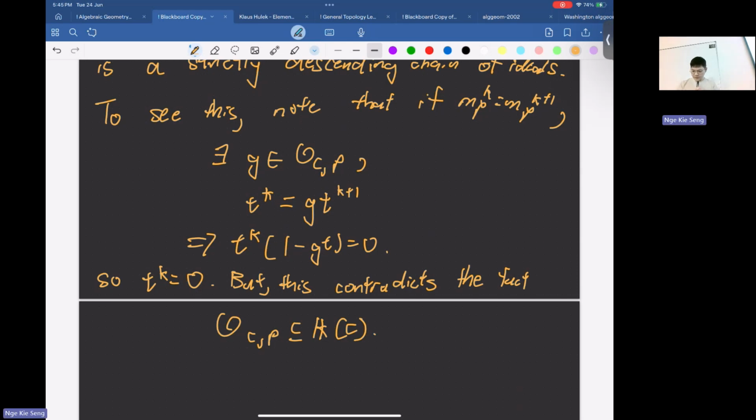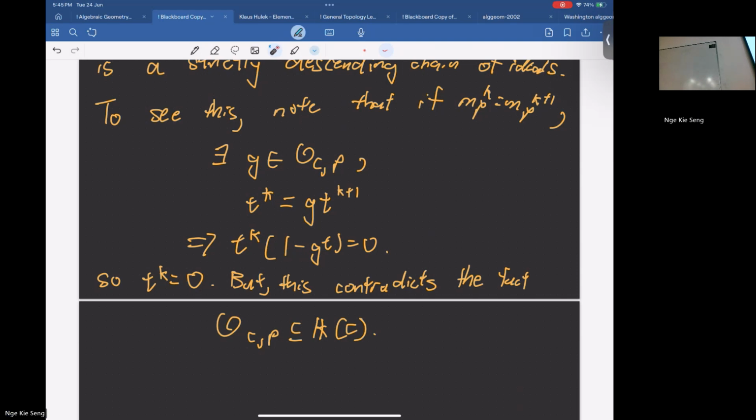Okay. So if 1 minus GT is 0, that means T is invertible, but T is not invertible because it lives inside the unique maximal ideal. Then T^K must be equal to 0. But this also contradicts the fact that OCP is inside the function field here. Okay. So I mean, if you are a field element, you shouldn't be nilpotent.